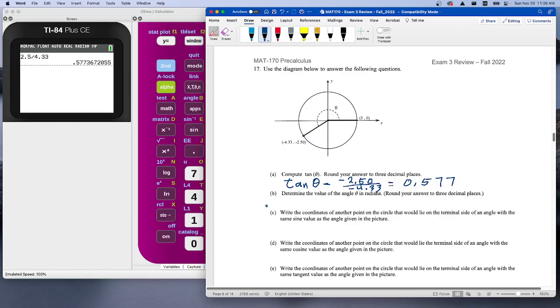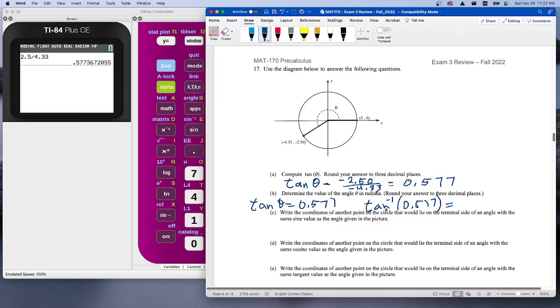But since they had us find tangent, what we know is tangent theta is equal to 0.577. So if we take the inverse tangent of 0.577, that will give us the theta.